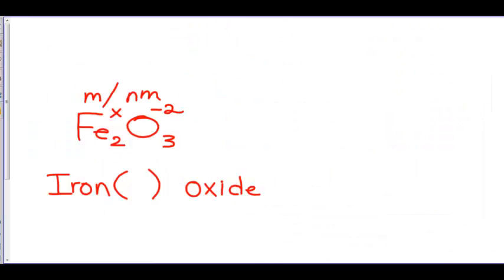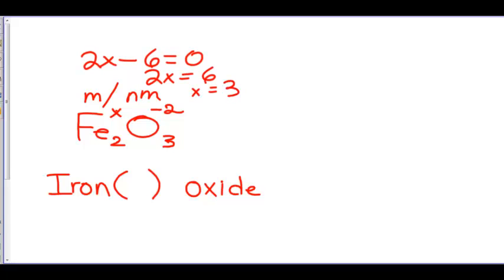So now we do bottom times top, 2X. Bottom times top, -6, has to equal 0. Okay? 2X equals 6, X equals 3. So in this compound, iron's charge is 3, and we put that in Roman numerals inside the parentheses.